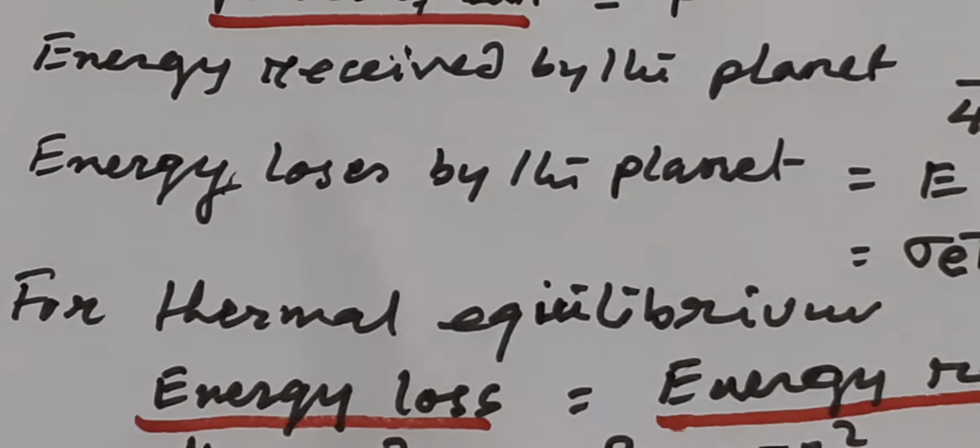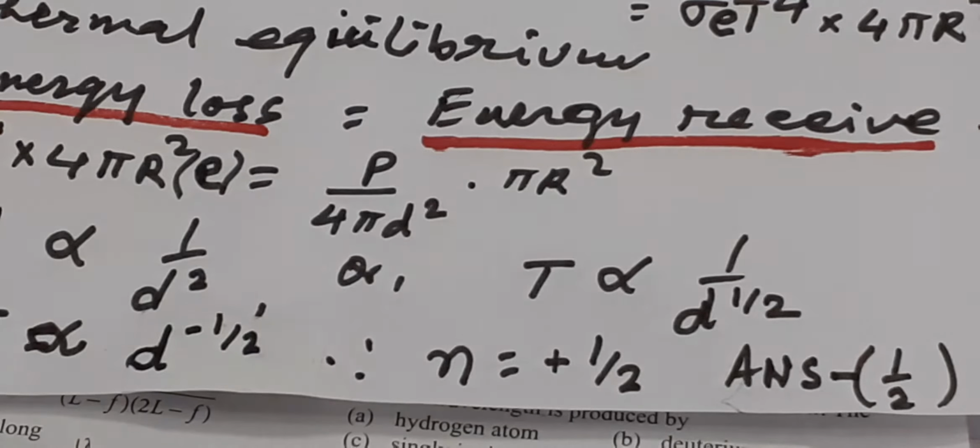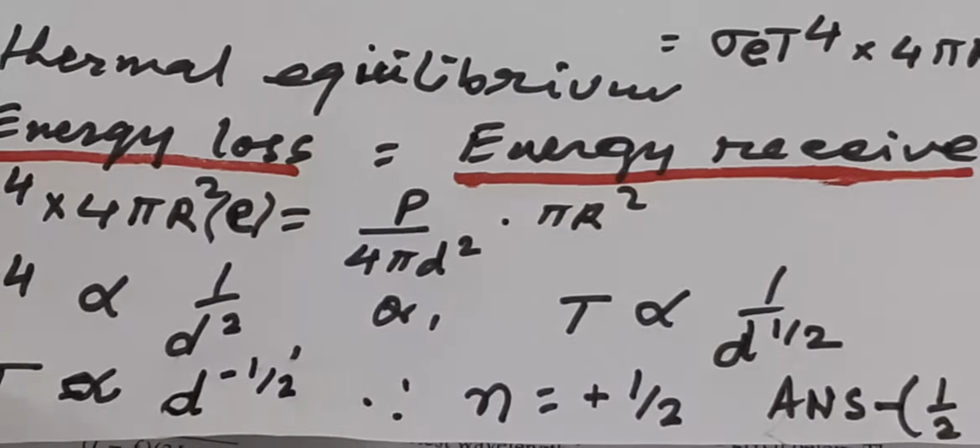So N will be plus half. That is the final expression. N will be plus half. So the answer given here is plus half, and that is given in C. C will be the answer.